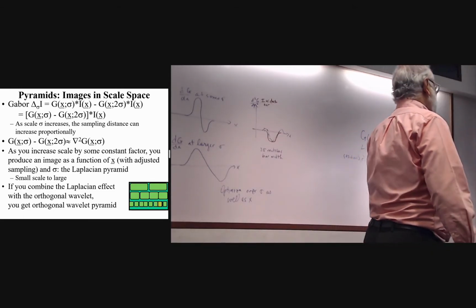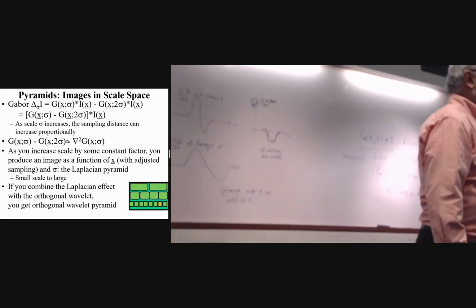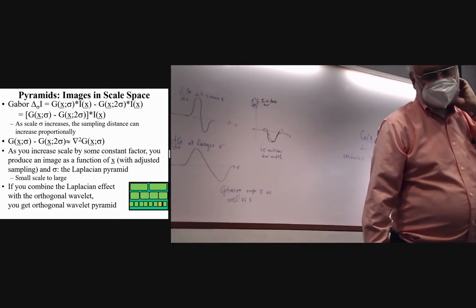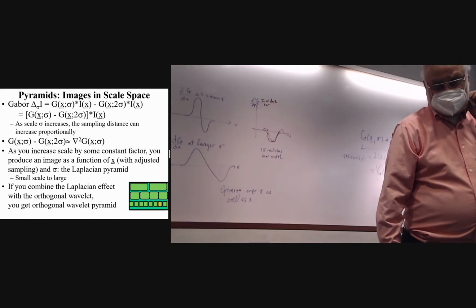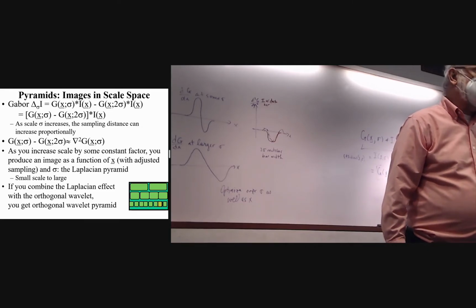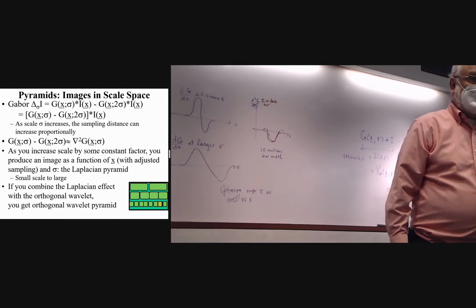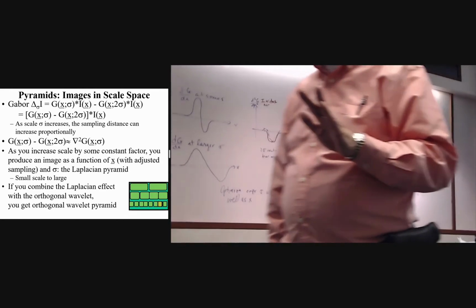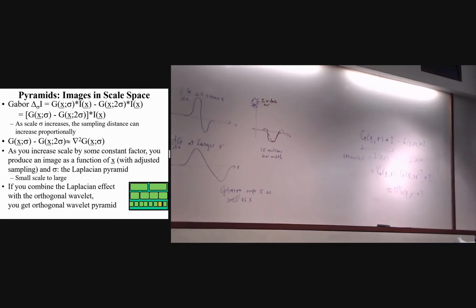You can play the same sort of pyramid effect with the orthogonal wavelets as well. Essentially, that's already done by using the kind of orthogonal wavelet that has already built in the Laplacian effect, the difference of two scales effect.